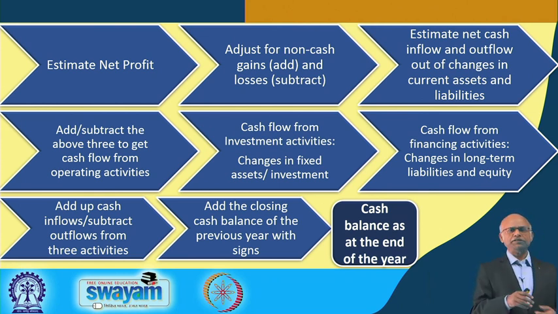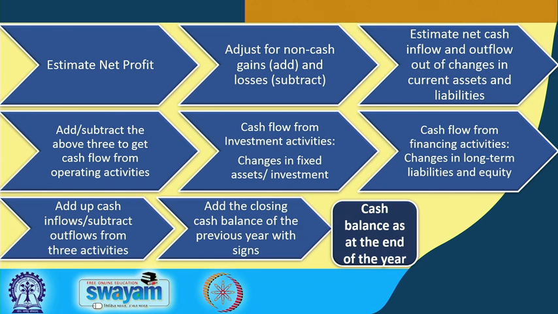This is the process of estimating cash flow. It is not a big deal, but it is given in a tabular manner. Estimate net profit, adjust for non-cash expenses, like depreciation. Then estimate net cash inflow and outflow out of changes in current assets and current liabilities.